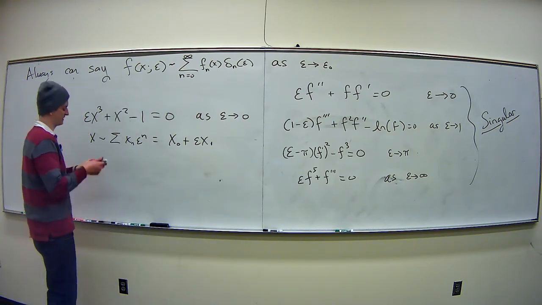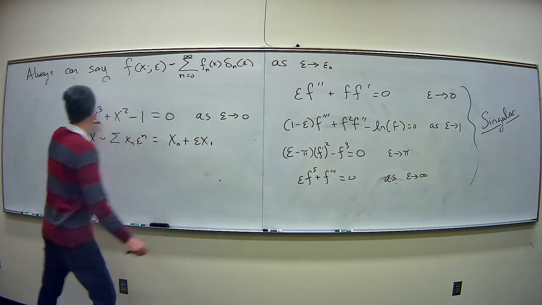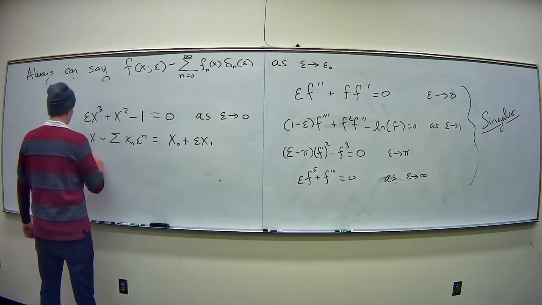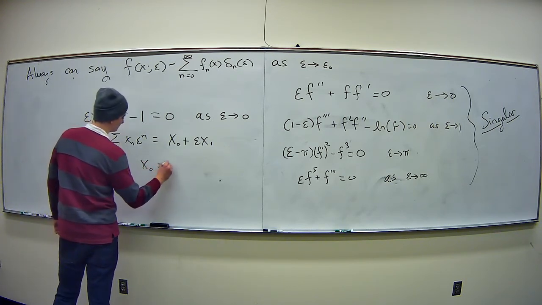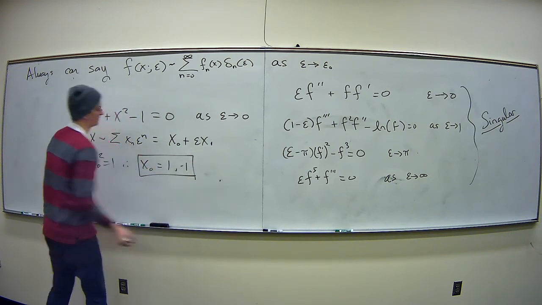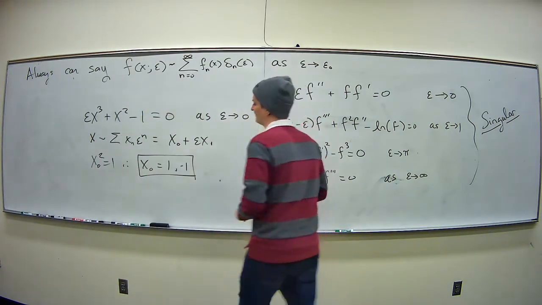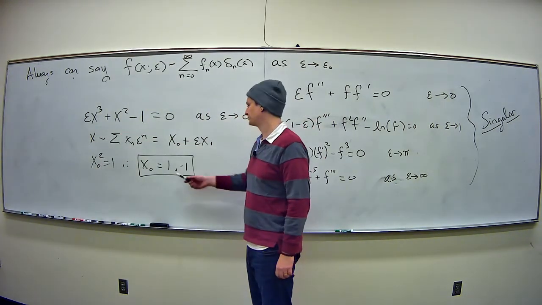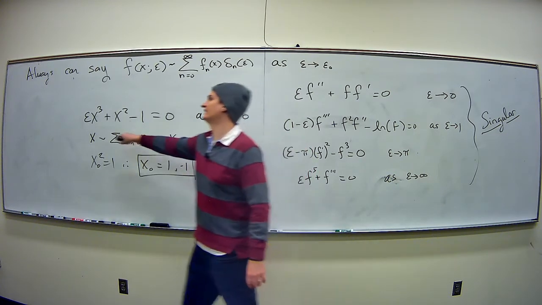Okay, you can always solve the 0th order term; it's always easy to find because it's just when this is actually 0. So x0 then, the 0th order equations gave me a starting point that was just 1 and -1. Bad news, because I know that I need 3 roots.